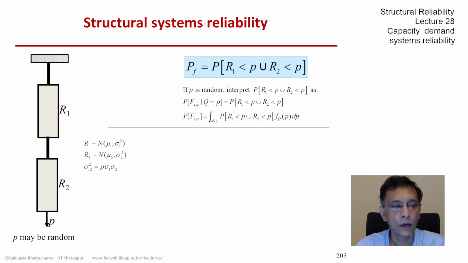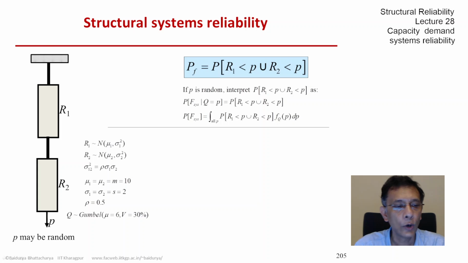R1 and R2 are joint normal with correlation coefficient fixed at 0.5. It's a reasonable number, that's all, and the means and standard deviations are the same as before, the means being 10 and the standard deviations being 2.